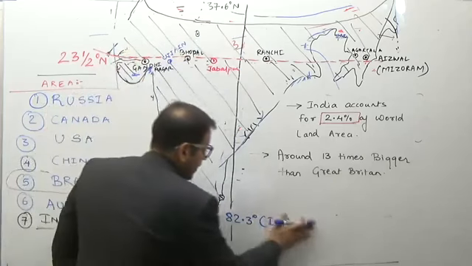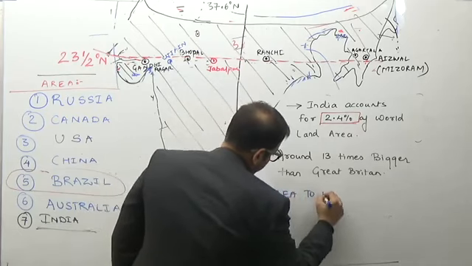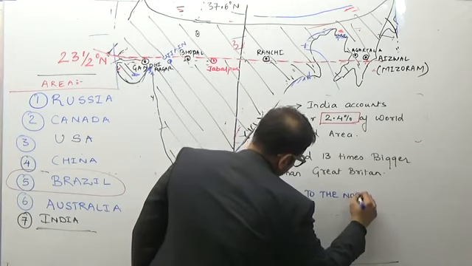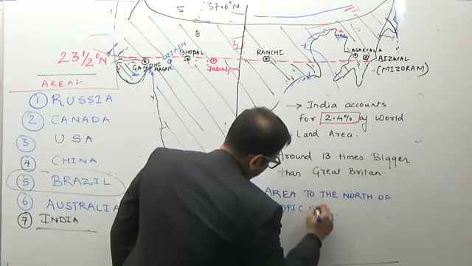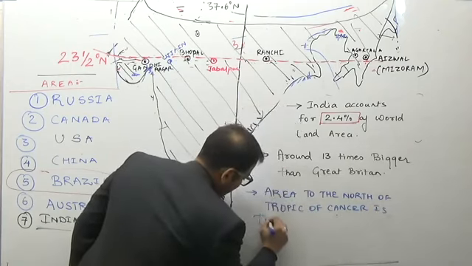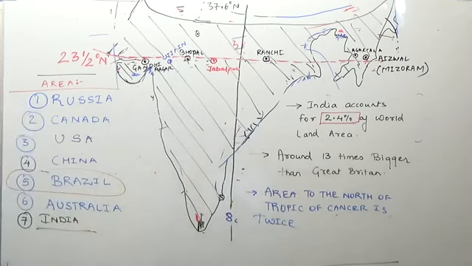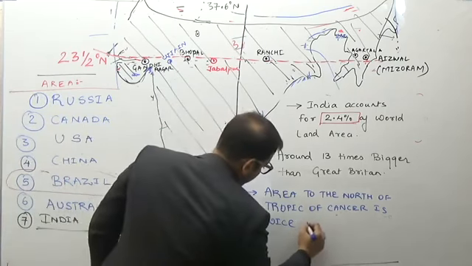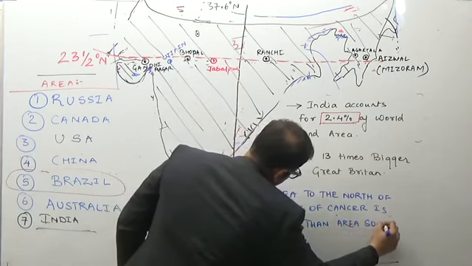Remember again, the area to the north of the Tropic of Cancer is nearly twice the area to the south of the Tropic of Cancer.